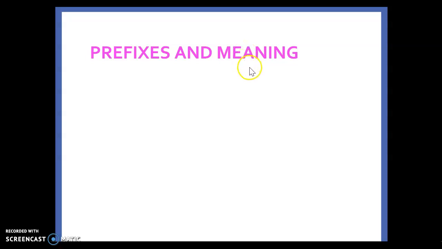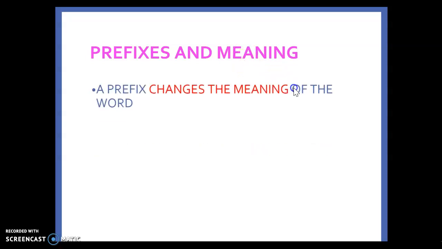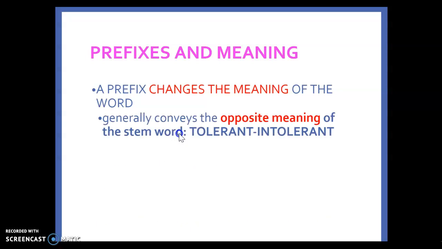Let's see what happens with the meaning in this case. A prefix can change the meaning of the word. So we can say possible, that is something that we can do, but if I add the prefix im, I change the meaning of the word.